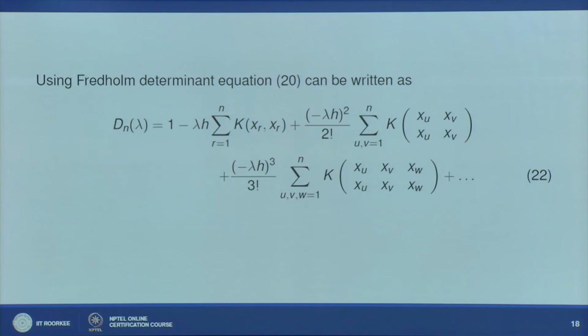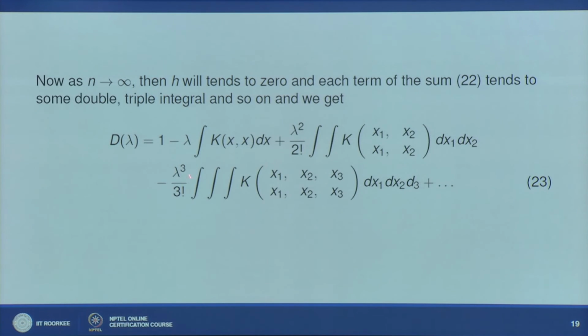So as n tends to infinity, Dn(lambda) is converted to this infinite series, given in terms of this.